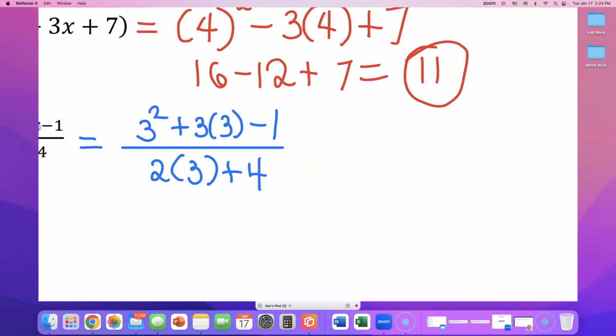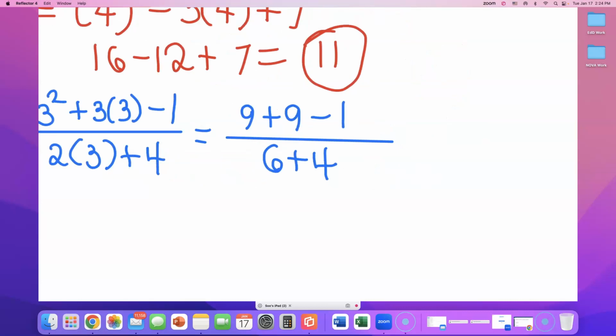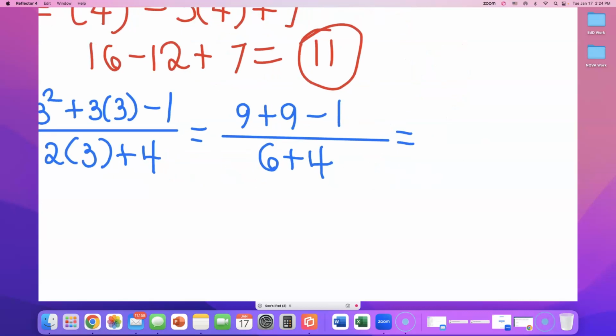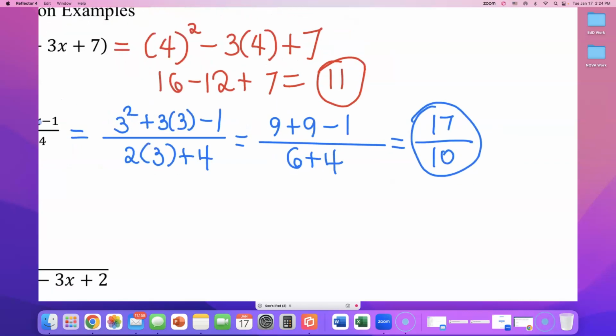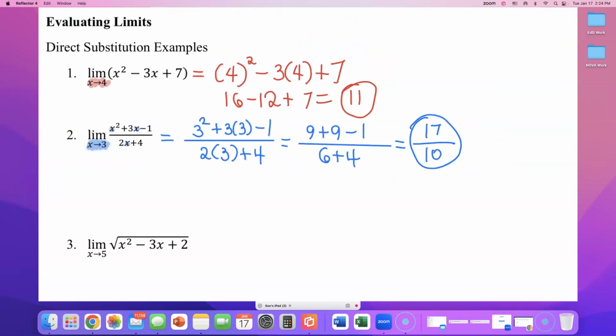Alright, so if I simplify this, I will get 9 plus 9 minus 1 over 6 plus 4. So the answer is, what's that on top? 18 minus 1, 17 over 10. That's an answer, alright? That's a fraction. So yes, we can just plug it in and see if it gives us an answer, okay?